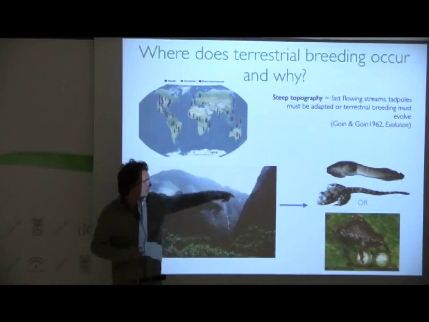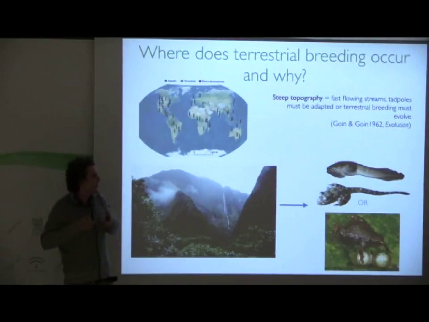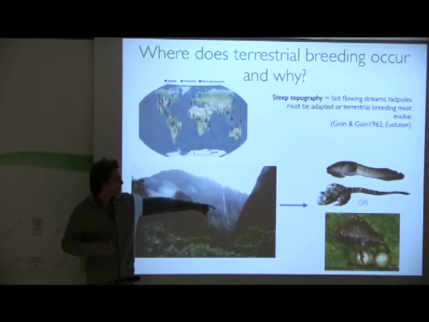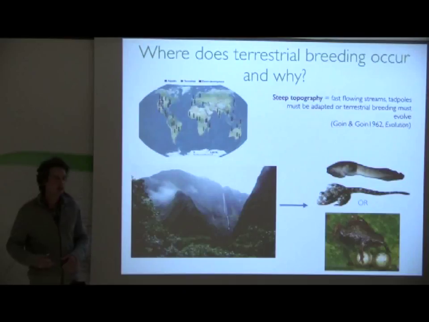So here you have a tadpole with these huge suckers to hold on to rocks, or you have tadpoles that evolve limbs very rapidly, again, to prevent them from being washed downstream. And they suggested the alternative to that would be to just get out of the water completely and reproduce on land entirely.